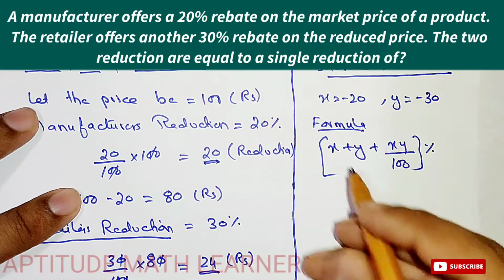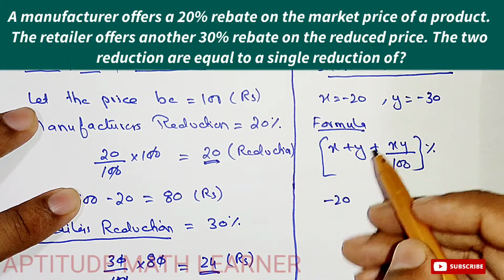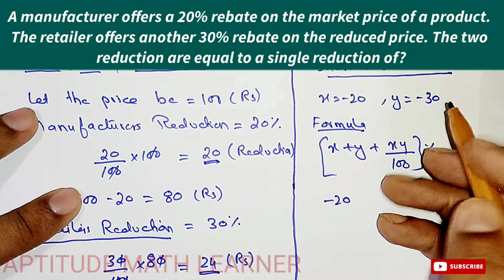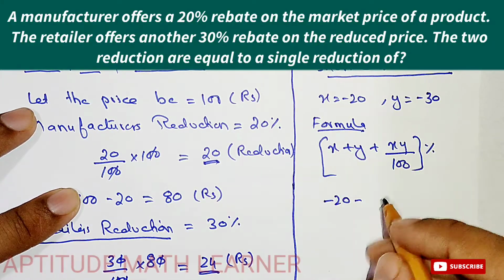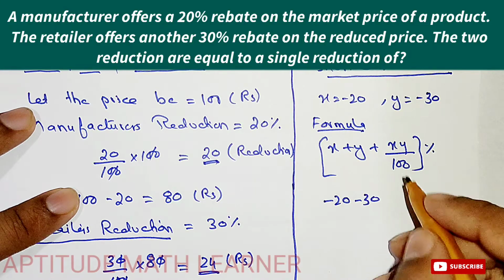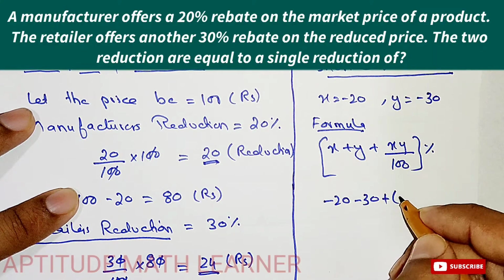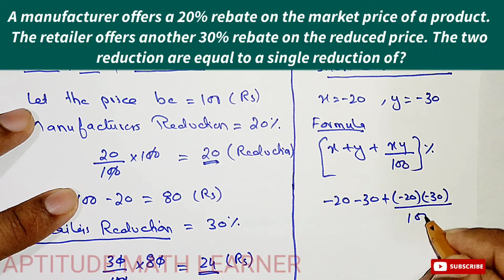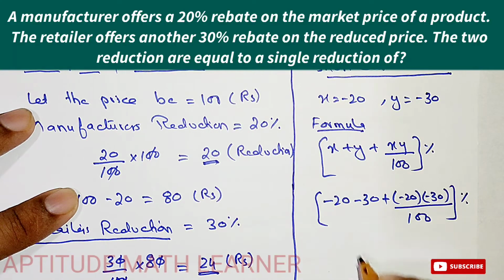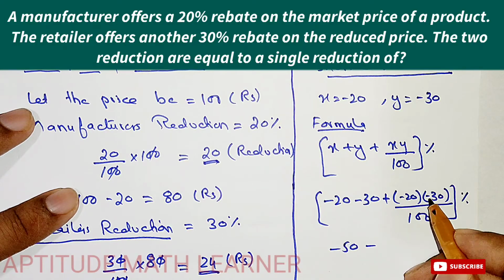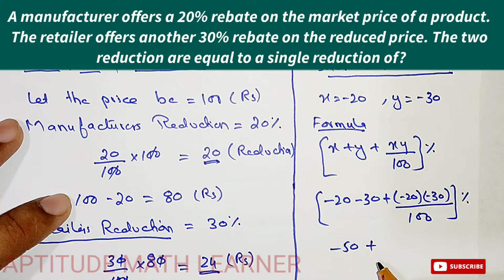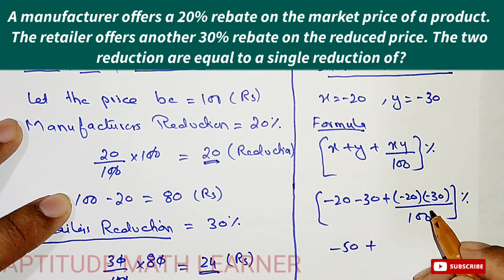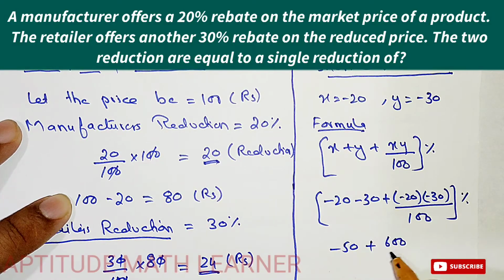We have to put the values of x and y with their signs. So here we have minus 20, and for y we have minus 30. So minus 20 multiplied by minus 30, and minus into minus becomes plus, divided by 100%. So this becomes minus 50 plus 600 divided by 100.